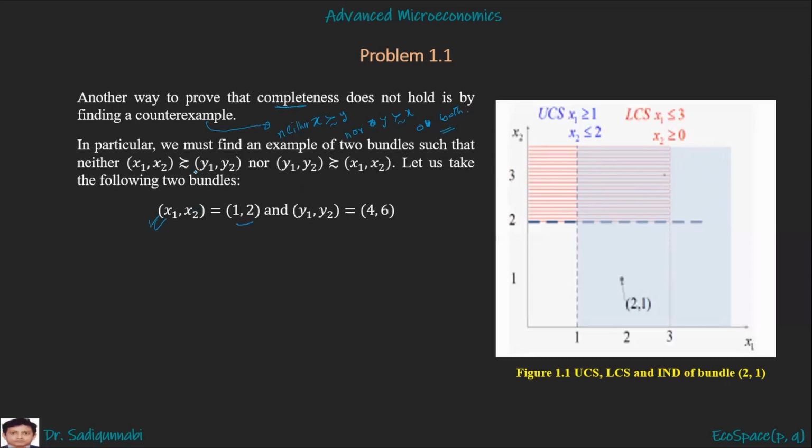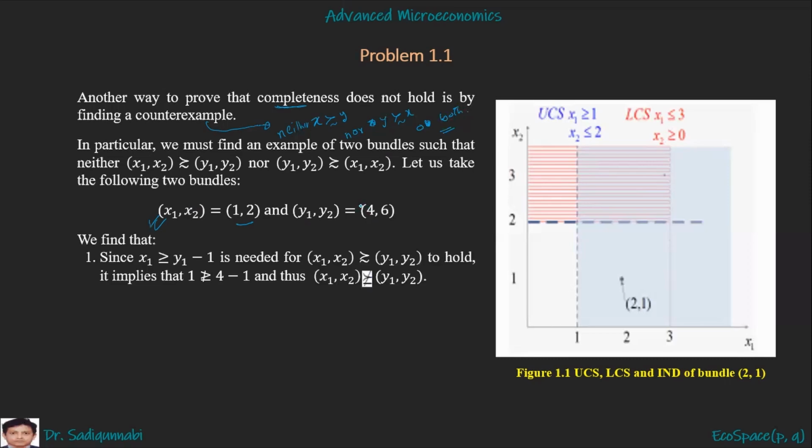Let's take two bundles, x as (1, 2), and y as (4, 6). If we apply the condition for the preference relation, take the first component, 1 and 4.